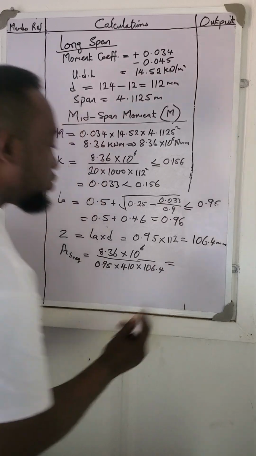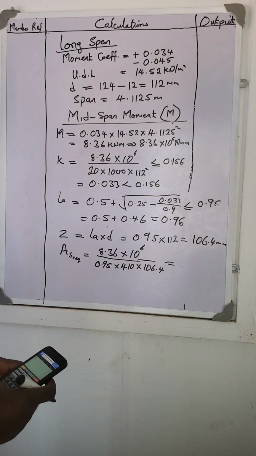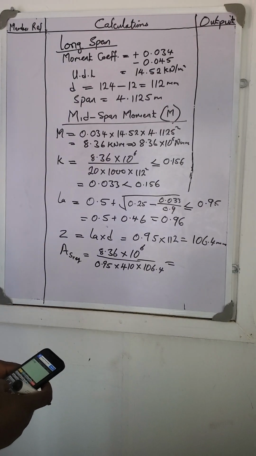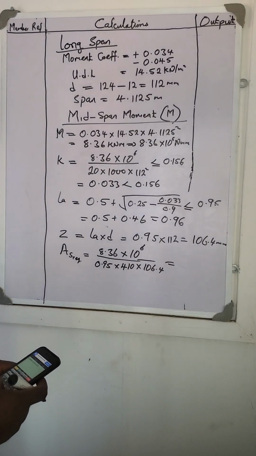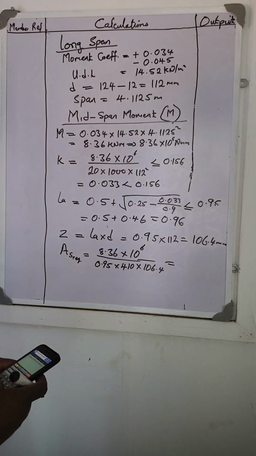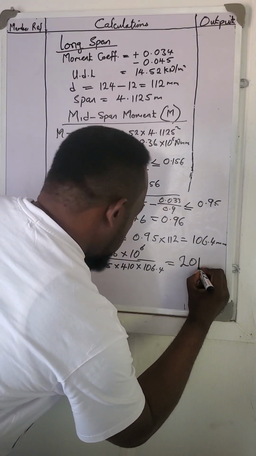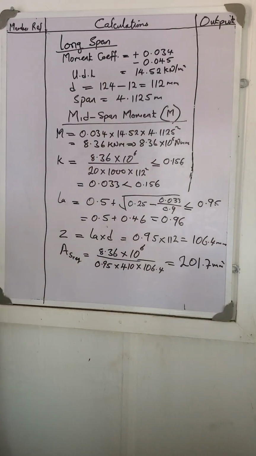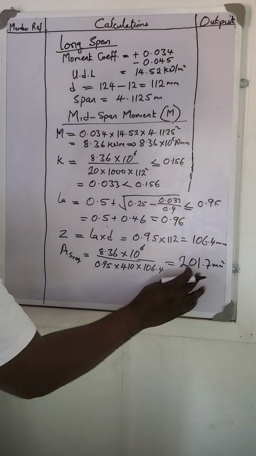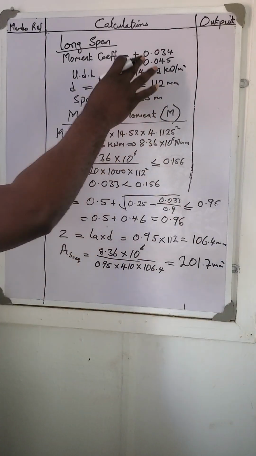This will give us 201.7 millimeter square. This is our area of steel required for the structure to be safe.